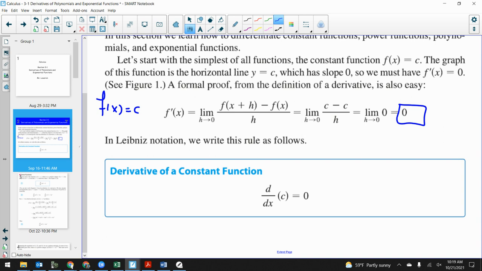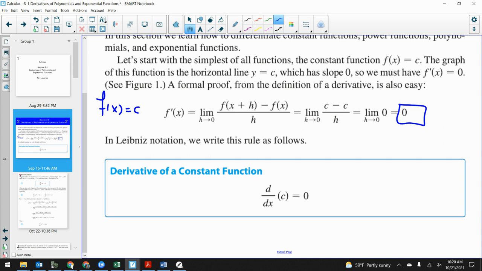Now, I'm going to be giving these to you in Leibniz notation because it's a little bit easier to write that way, okay? So I introduced it a little bit in the second chapter, but we're going to be using it a lot more in the third chapter. This Leibniz notation where I have d over dx of. The reason I'm saying this is because it's harder to write in that prime notation, okay? Remember, d over dx just means the operation of the derivative.